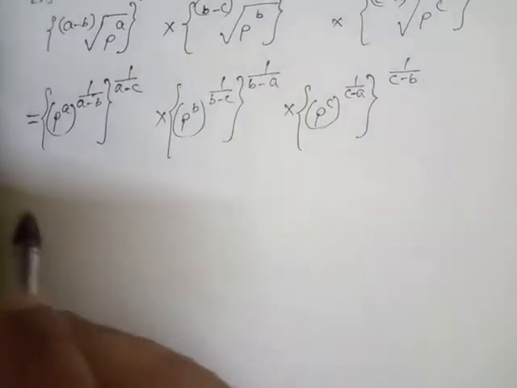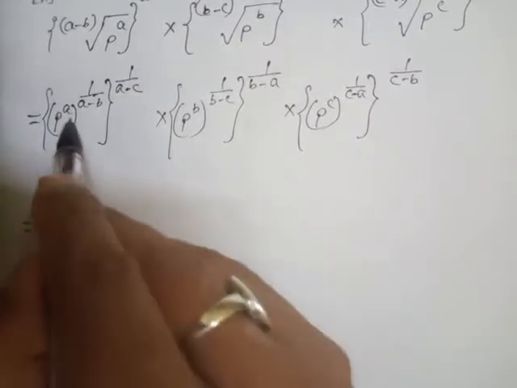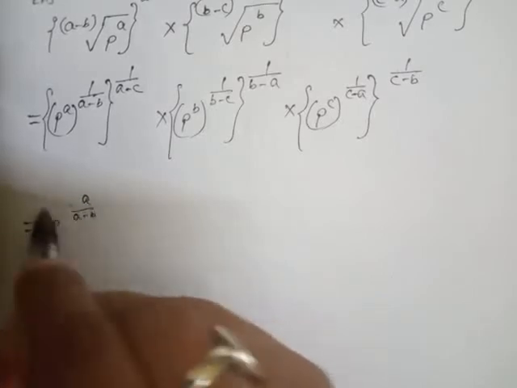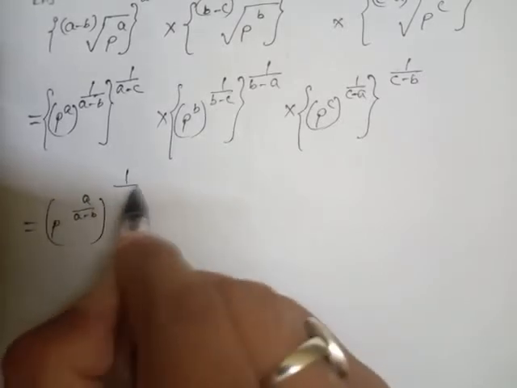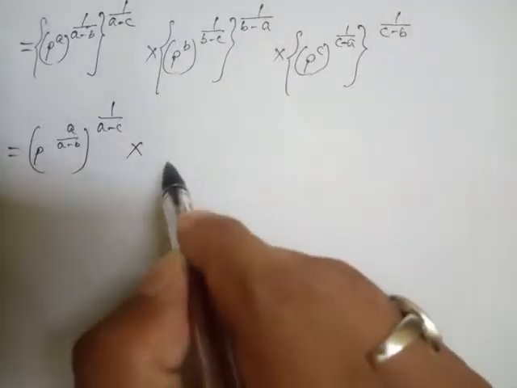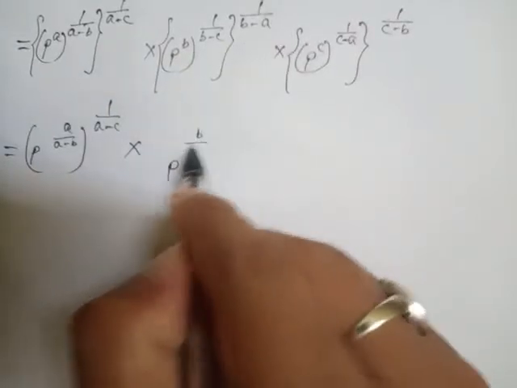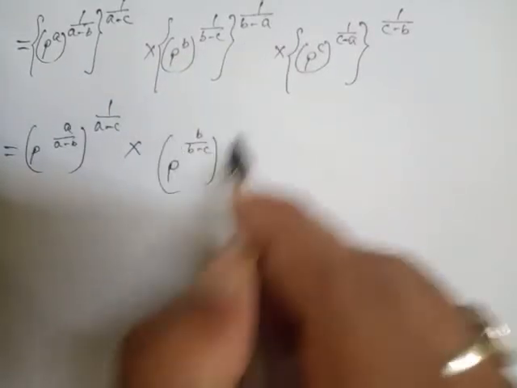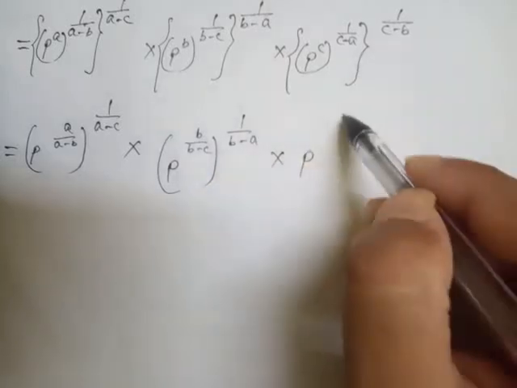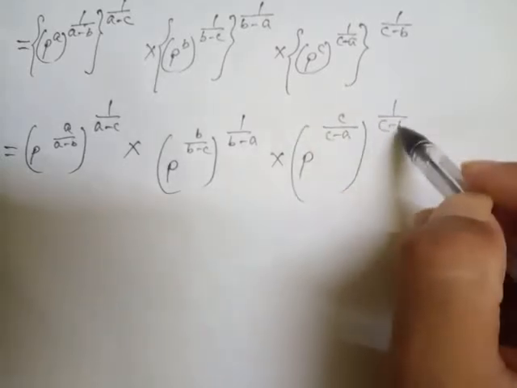Look now student, after that we are going to multiply this: p to the power a into this value, which means a by a minus b, and then whole to the power 1 by a minus c here. After multiplying, next would be p to the power b into 1 by b minus c, then whole to the power 1 by b minus a, into p to the power c by c minus a, then whole to the power 1 by c minus b.